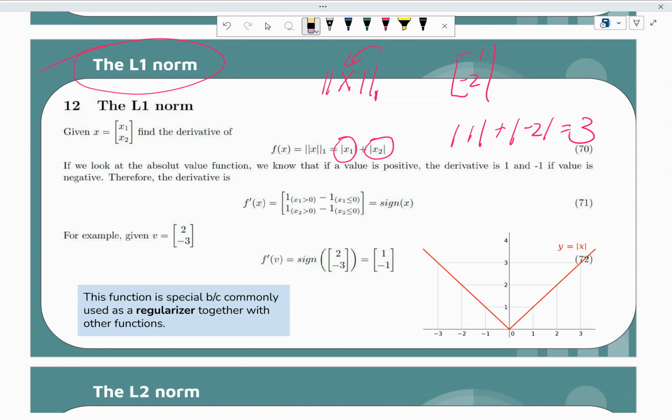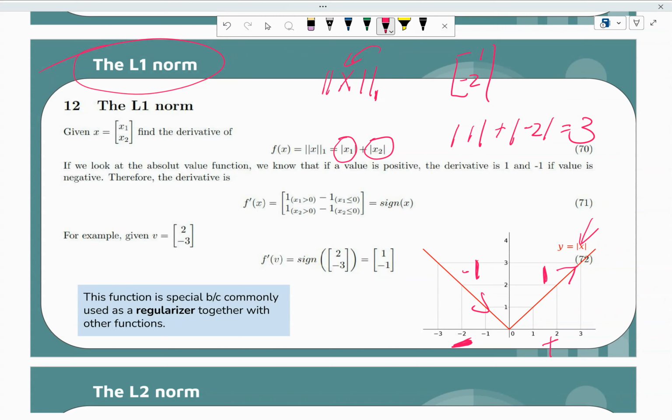What this tells you is that if the number you put into the absolute value is positive, the derivative is always 1. And if the number you plug in is negative, then the derivative is always -1, because it's going down at the speed of -1. This side is going up at the speed of +1.